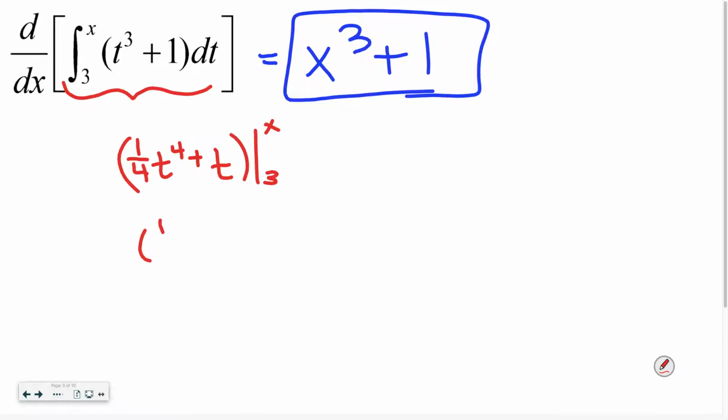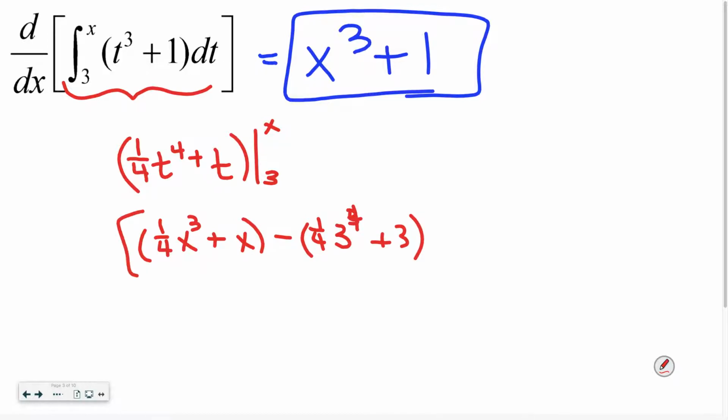So now we actually get to plug in x. Well then all of that is what we're taking the derivative of, right? So when we actually do the integration, since our limits of integration include an x, we now have a function in terms of x. So now we're taking the derivative with respect to x.